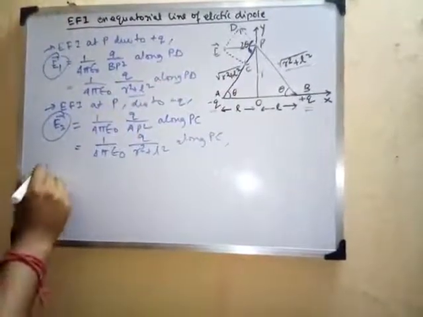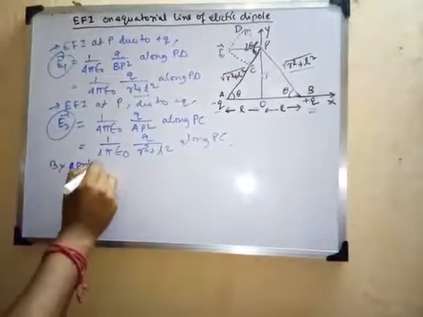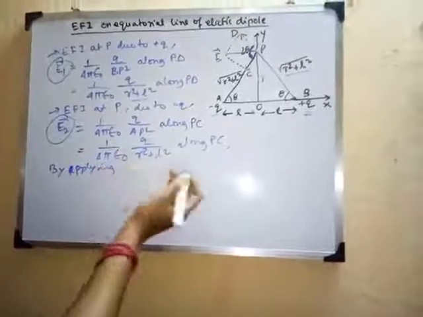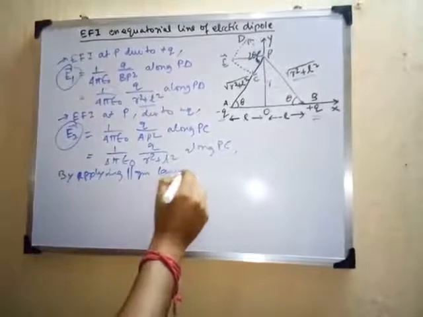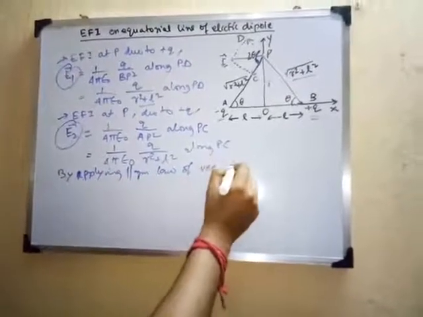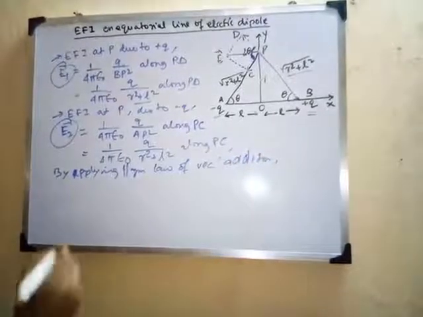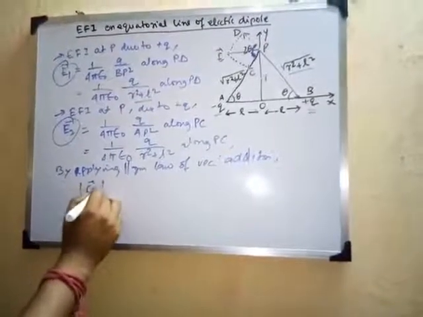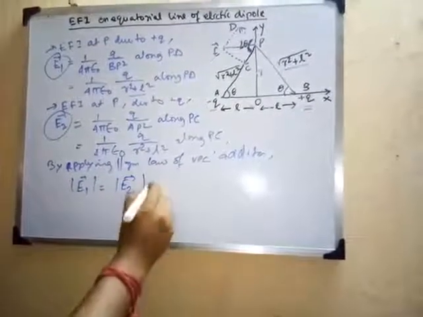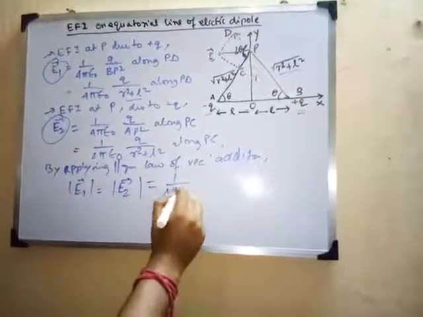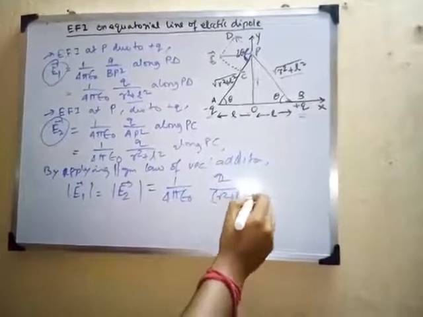So we can write, by applying the parallelogram law of vector addition, that the magnitude of E1 equals the magnitude of E2, and this will be equal to 1 by 4 pi epsilon naught q by R square plus L square, right?